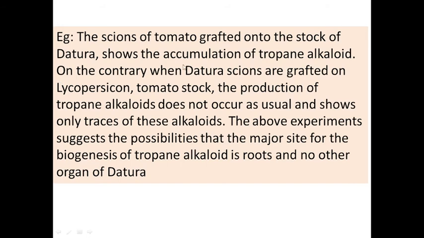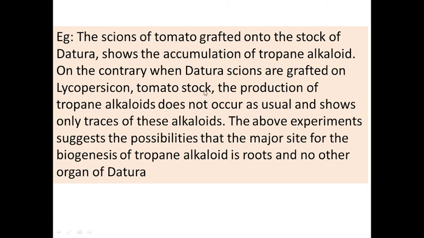On the contrary, when datura scions are grafted on tomato stalk, where the major portion of the plant is tomato and the datura scion is grafted on it, the production of propane alkaloid does not occur as usual.